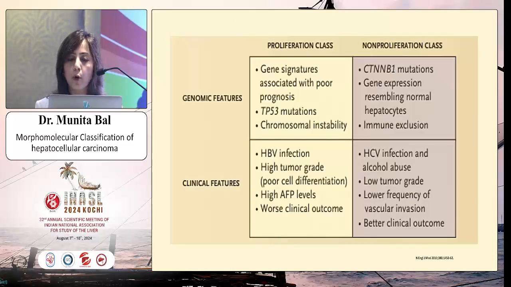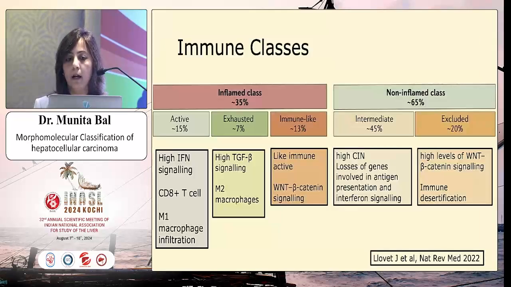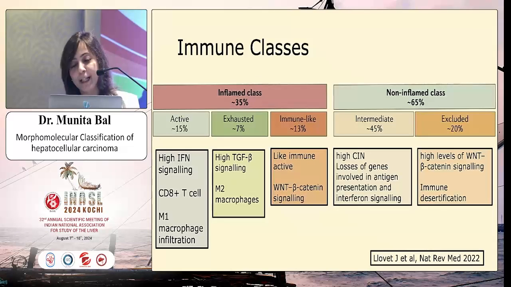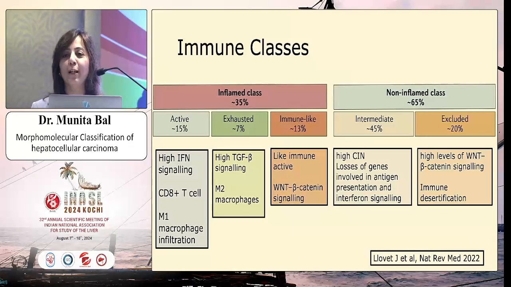So genomically and clinically, on a very broad level, you have two subtypes, the proliferators and the non-proliferators, and the genomic pathology and the immune classification also integrate into this. For lack of time, I'll just briefly mention the immune classes, because immunotherapy is so important in HCC now.